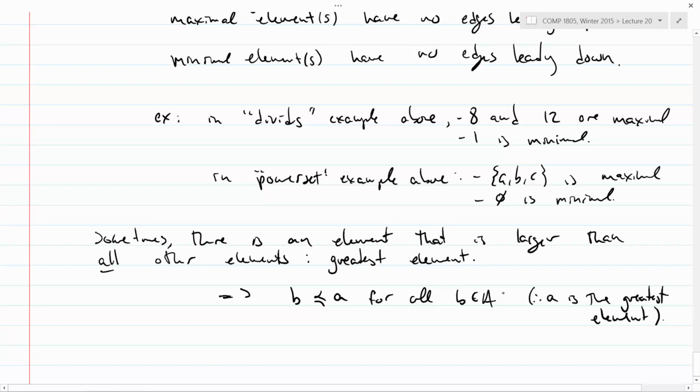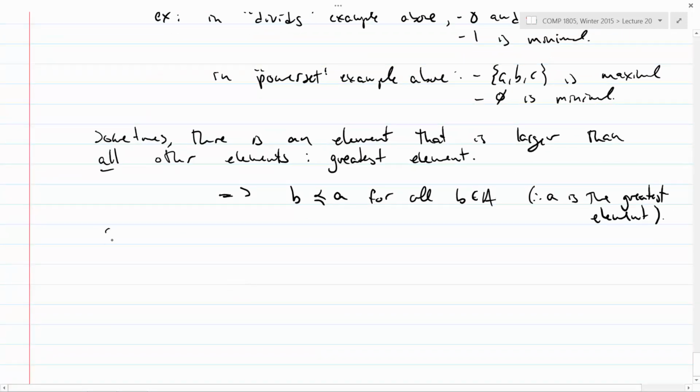So if it's greater than everything, it's comparable to everything. And that's the key difference. Before I didn't require that because I wasn't looking at all the pairs. Now I am. It has to be comparable to everything. In the divides example, we had two maximal elements, and they're not comparable. So in fact, in that case, we don't have a greatest element. Okay, so you might not have one. If you have one, it's unique.